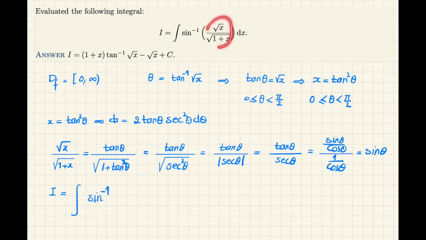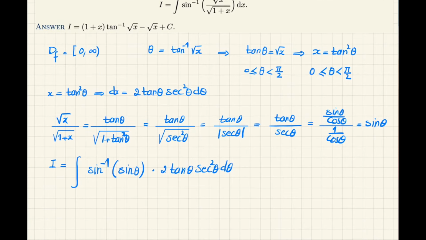Instead of this expression here, I put sine theta. So it becomes sine inverse of sine theta. And then instead of dx, I plug this expression in, multiplied by 2 times tangent theta, secant squared theta d theta. But of course, we know that sine inverse of sine theta is actually theta itself.